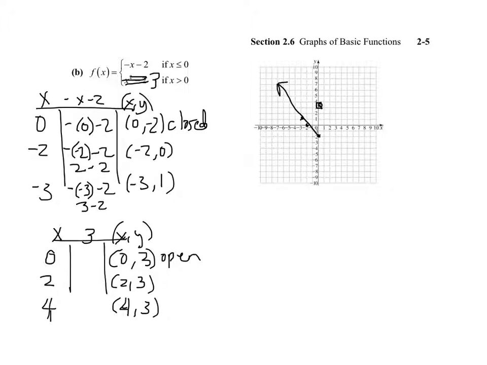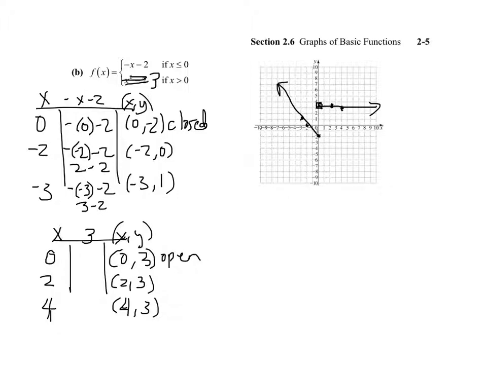The one thing that is constant is that my y value is 3. Sorry, I was very sloppy on trying to make those points. But I know I have a horizontal line at y equals 3 with an open circle at the point 0, 3. And that's how I would graph it.